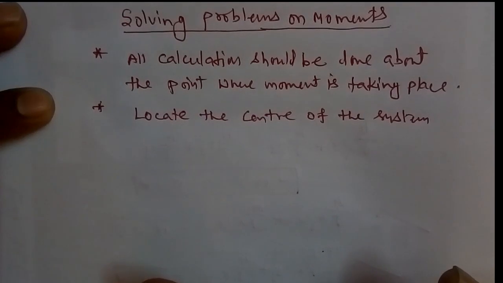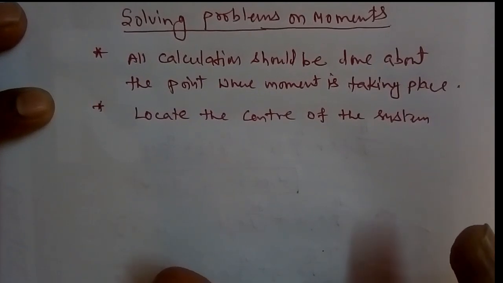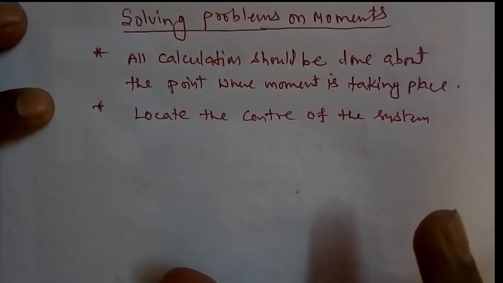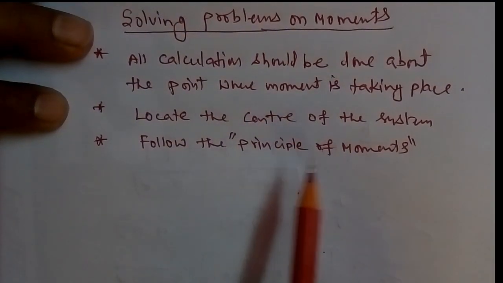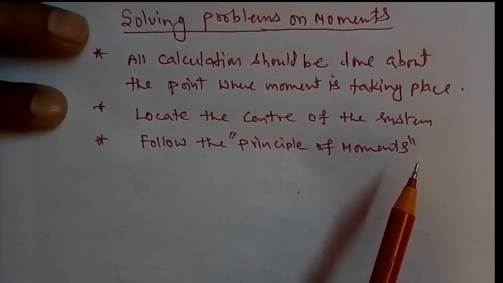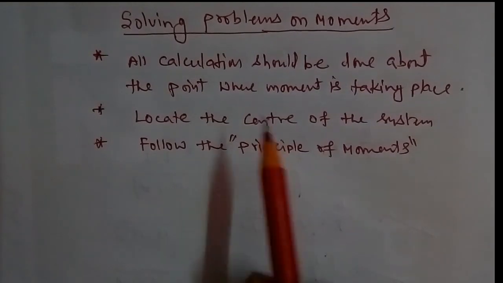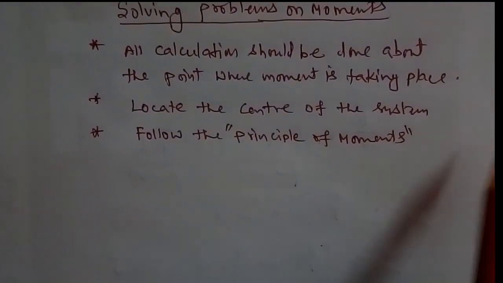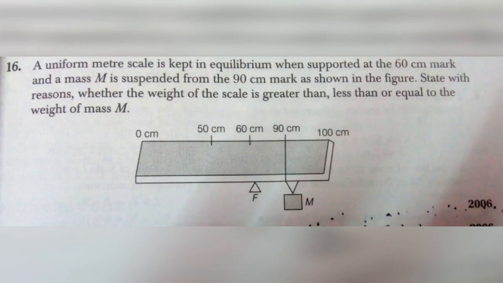For example, if your scale is 1 meter, that is 100 centimeter, the center is 50 centimeter. So locate the center of the system while drawing the diagram. And third point is to follow the principle of moments, that is, all anti-clockwise moments should be equal to all clockwise moments. Following these important points, we are now in a position to solve some numericals.